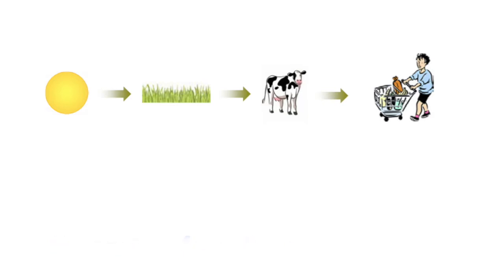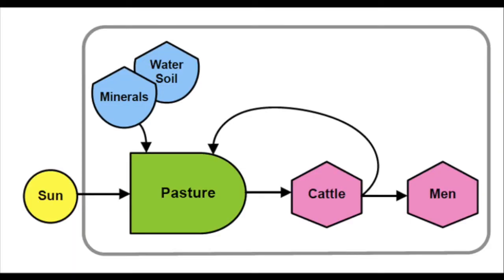In these processes, energy will be required for every step, right? In the diagram below this figure, you can see that outside the box we have the renewable energy, that is the sun, and inside the box we have the minerals, water and soil that are considered non-renewable. And then we have the pasture and the process from pasture to cattle and then to men.